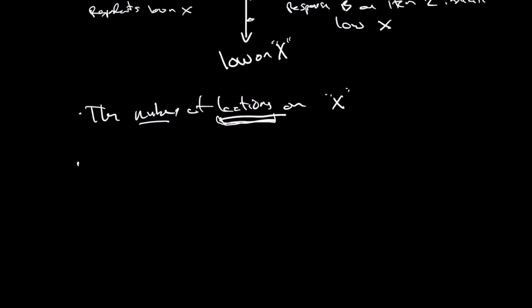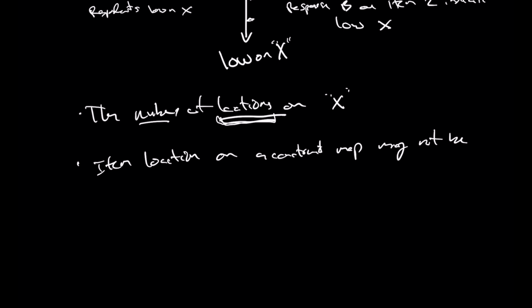Another important characteristic I want to emphasize today is that item locations on a construct map may not be the item locations in IRT.